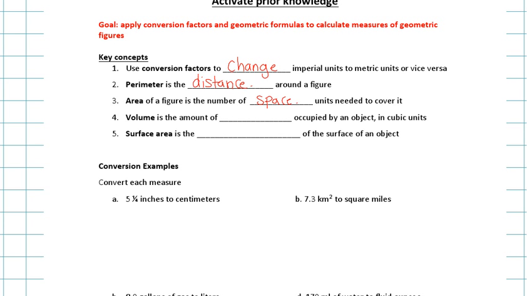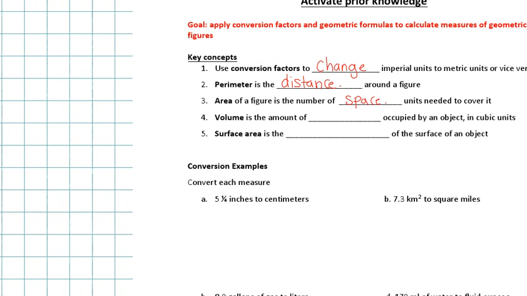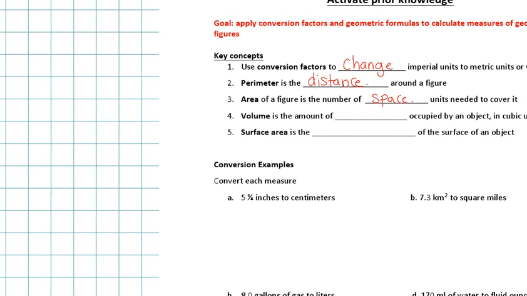So if I'm going to look at this, what would be my perimeter? Perimeter is 2 times length plus width, right?